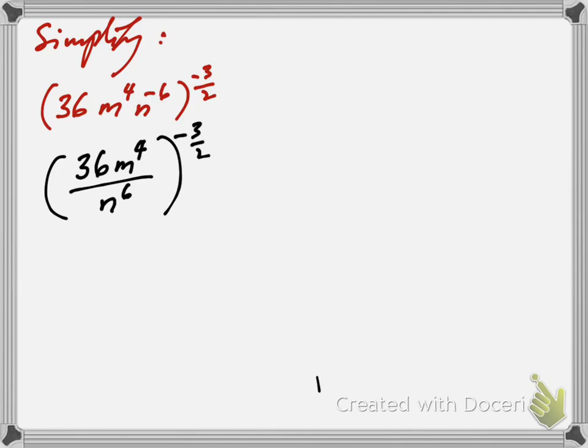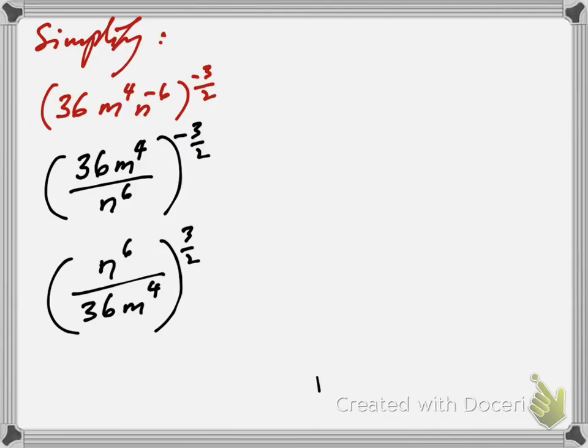Now to get rid of the negative in the negative 3 over 2, I'll flip the whole thing. It becomes n to the power 6 over 36 m to the power 4, to the power 3 over 2. Now that's more doable, I suppose.